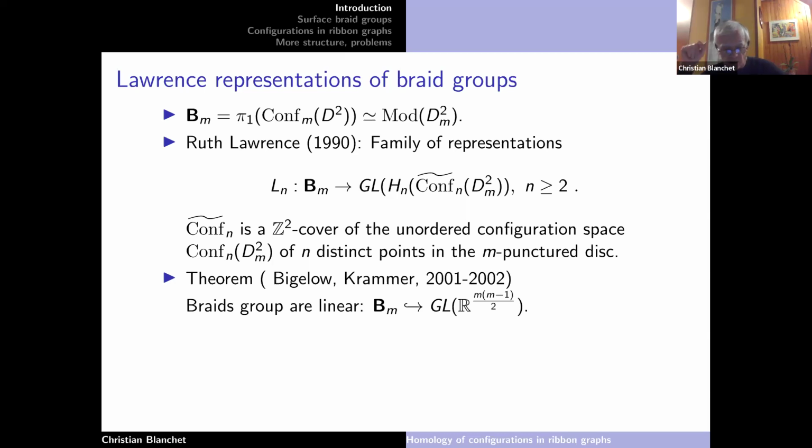You can embed the classical braid group in a matrix group. And Bigelow's proof is that this Lawrence representation, in the case n equals 2, is faithful.